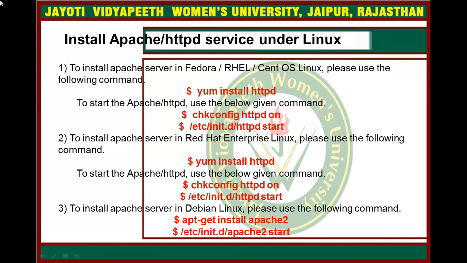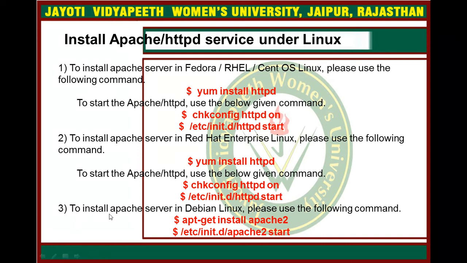You have to write these commands, like check config httpd on, and /etc/init.d/httpd start. And second, to install the Apache server in Red Hat Enterprise Linux, here I am saying Fedora, here Red Hat Enterprise Linux, please use the following command if you are using this: yum install httpd. To start Apache httpd, use the below given command.